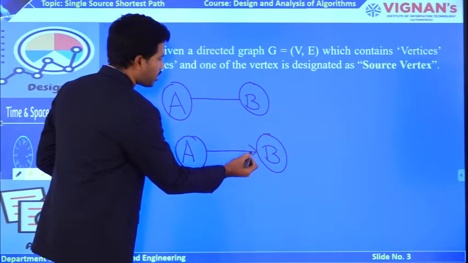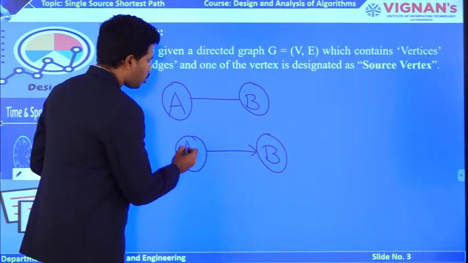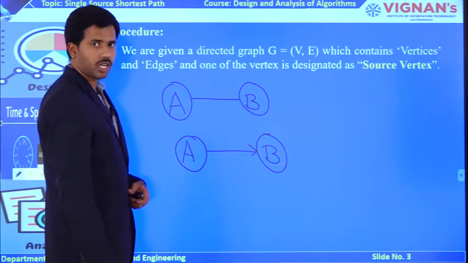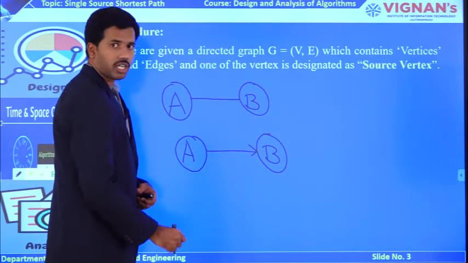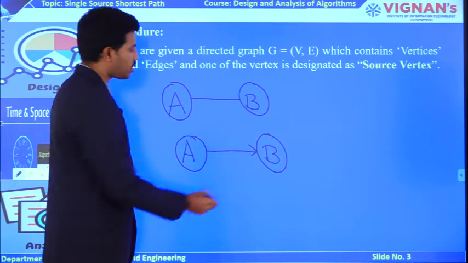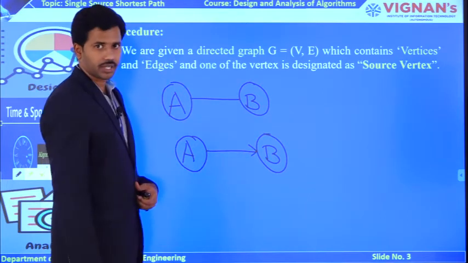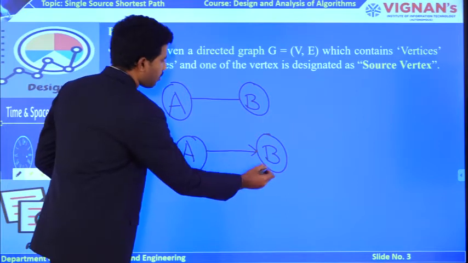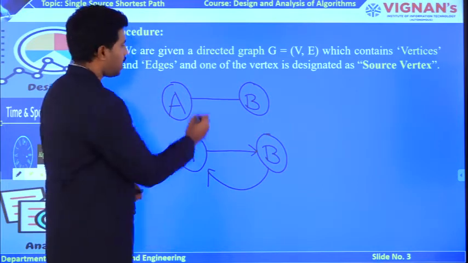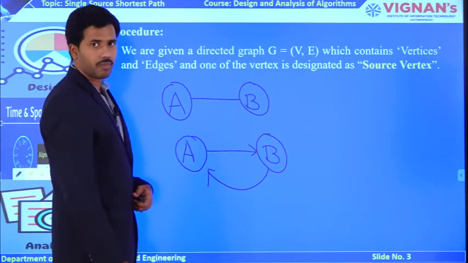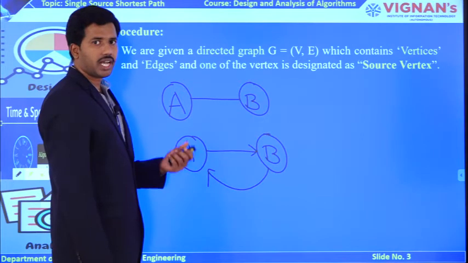Now I am telling the direction, so from A to B only is possible. From A to B as well as B to A are different, because I am clearly defining the direction. So A to B is different and B to A is different, but in the undirected case A to B and B to A are the same. That is the main difference between directed and undirected.